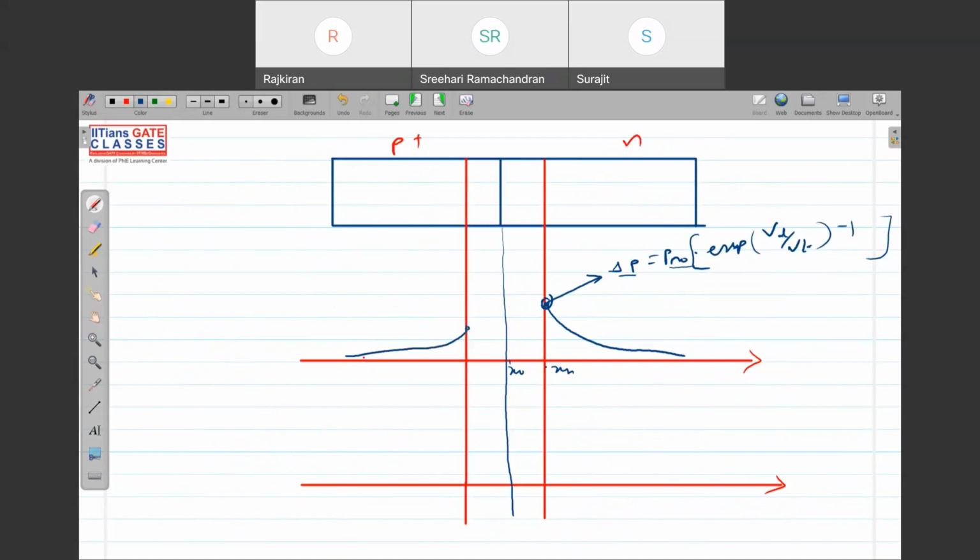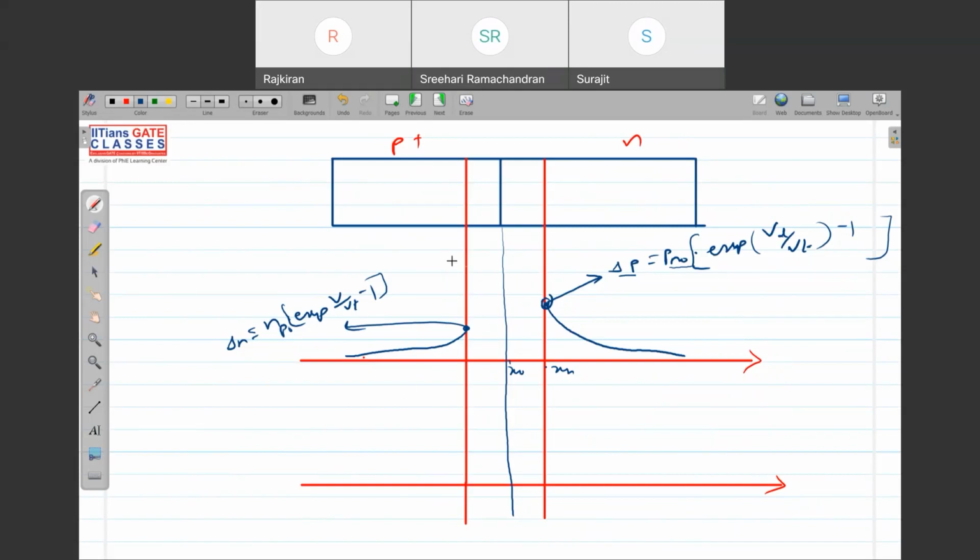And this point will be np equal to np0 times exponential of V by VT minus 1.